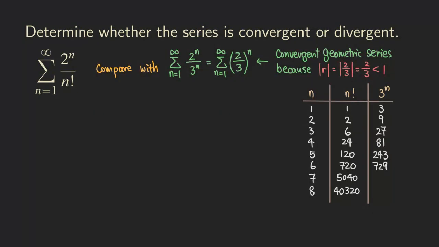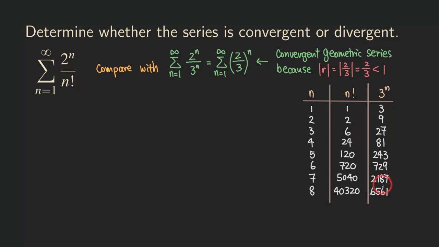And then see that at this point, when you get to n equals 6, we still have 3 to the n that's greater than n factorial. But once you get to the 7, we are going to just be getting 2187. Okay, what about the next one? The next one is going to be multiplied by 3. We have 6,561.